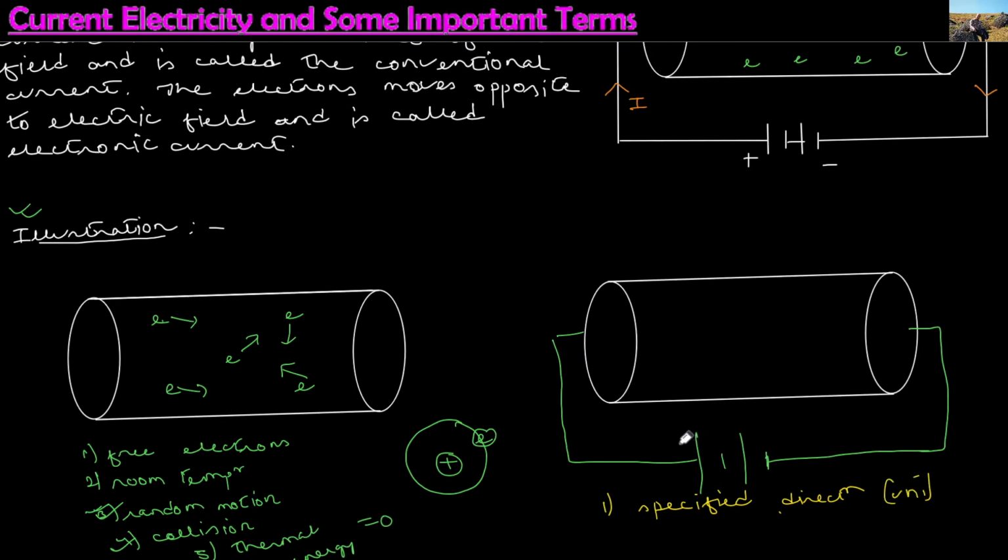So this is the positive end of the battery and this is the negative end of the battery. So this end of the wire will be at a positive potential and this end of the wire will be at a negative potential.